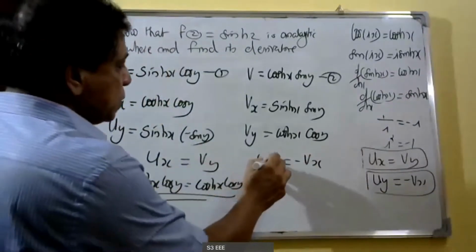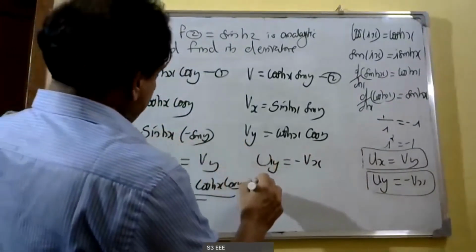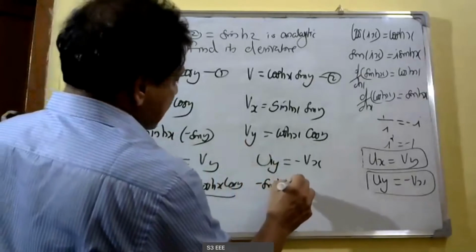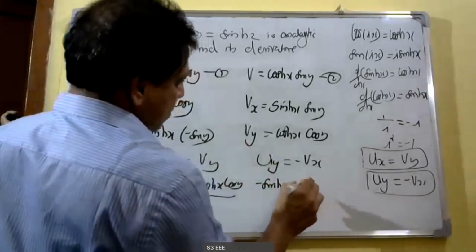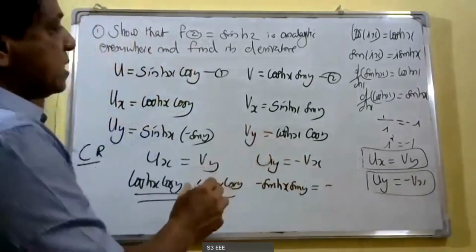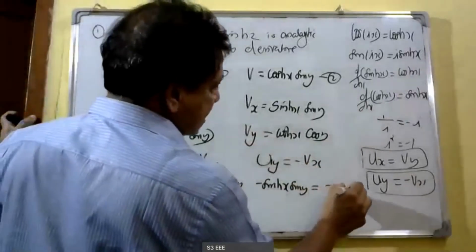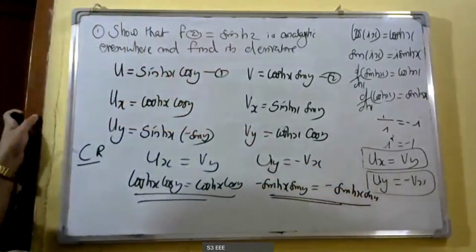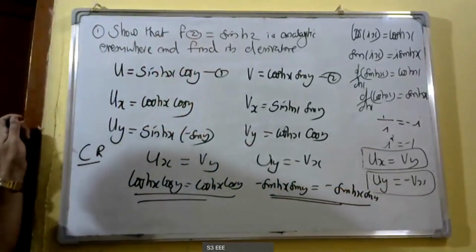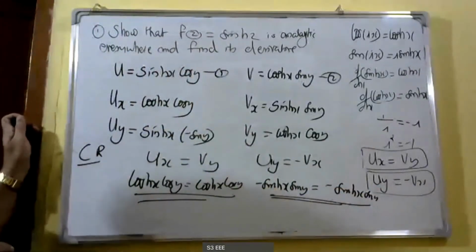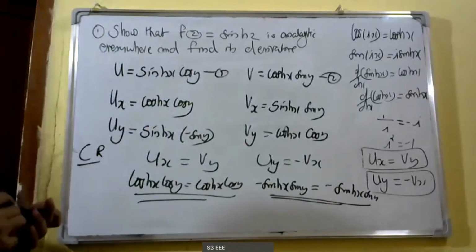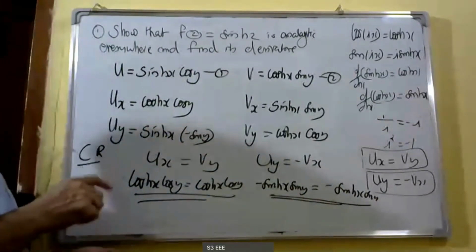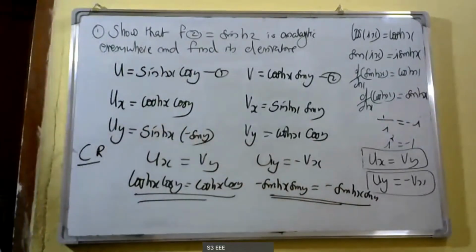Here uy is equal to minus sinh x sin y, and minus vx is equal to minus sinh x sin y. Therefore, both the Cauchy Riemann equations are proved. This is the result. Next, we have to find its derivative.